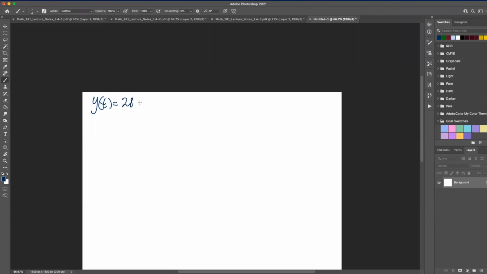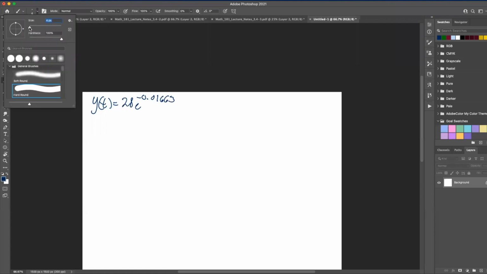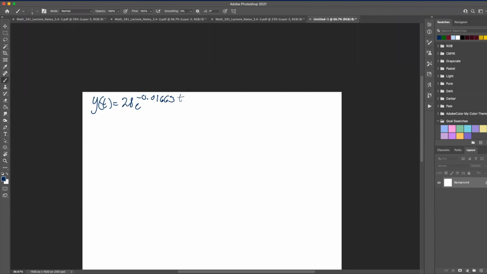So 28 e to the minus 0.01663 t. This is a teeny bit smaller. Here I wanted to solve for when it was another half hour, and so that'll be at 60.